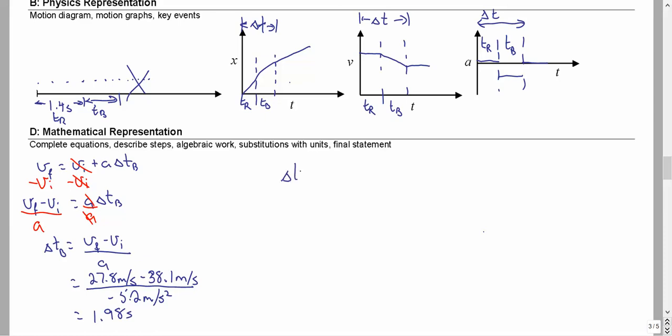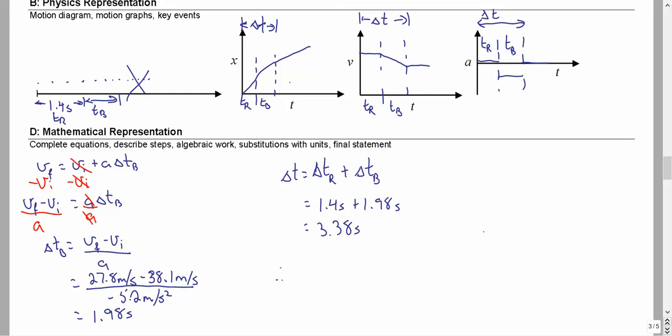So my total time will be my reaction time plus my braking time. So I'm going to have 1.4 seconds to react plus the 1.98 seconds to brake. So I'd have 3.38 seconds, or 3.4 seconds.